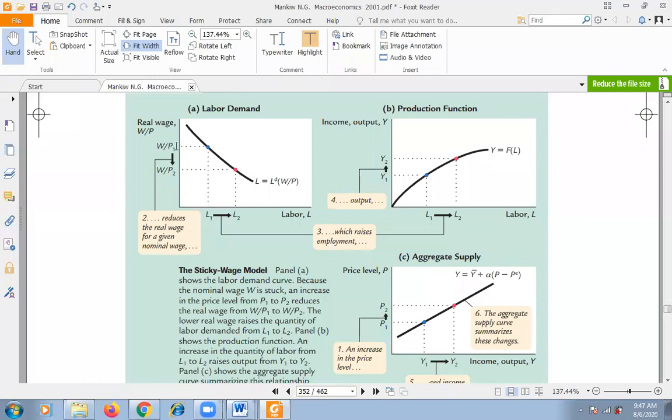As general price level increases, real wage decreases, and as real wage decreases, firms demand more labor and we get these points. Any point you can take above L1; joining the two points, we get labor demand.